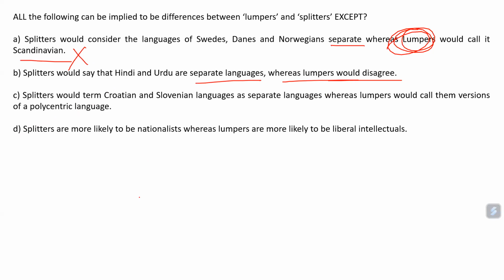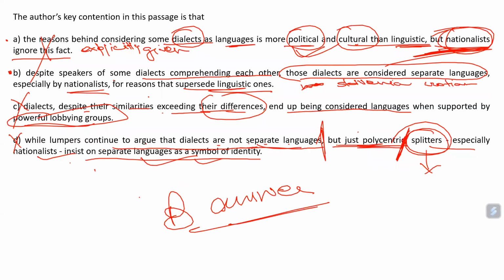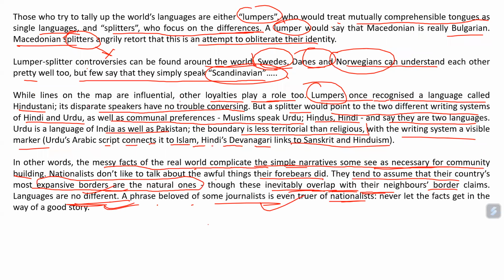So what we are considering here when I am talking about the lumper and the splitter, just keep in mind, right, from what we have read here, lumpers recognized one language, Hindi, right? Its disparate speakers have no trouble conversing.